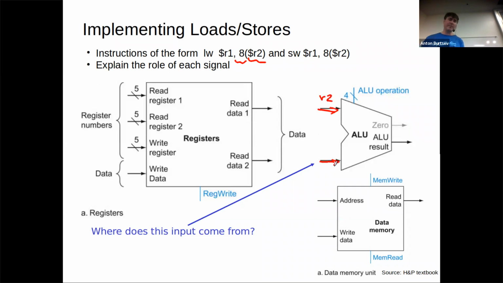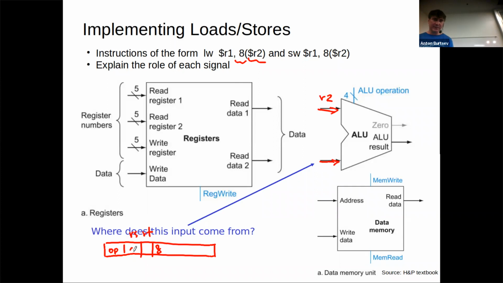So where does this second one come from? Yeah, the constant. If we have this instruction, it's encoded in such a manner that there will be an opcode, a constant 8, and two registers, a source RS and a target RT.